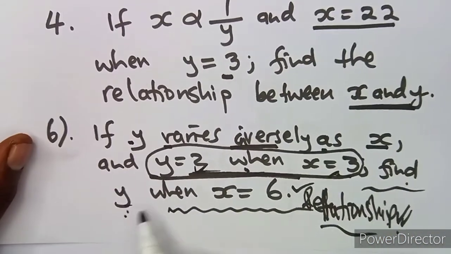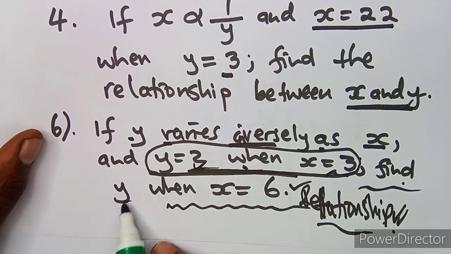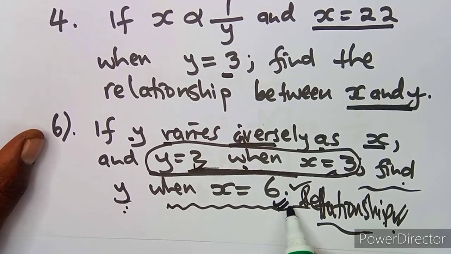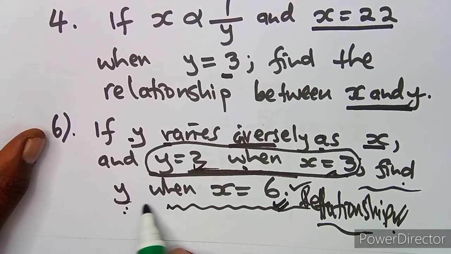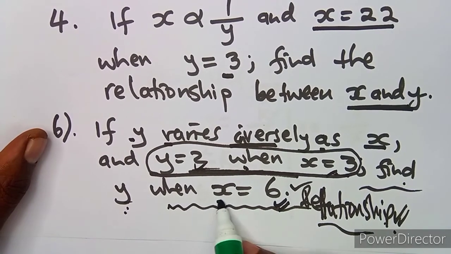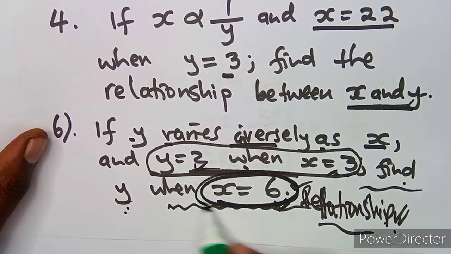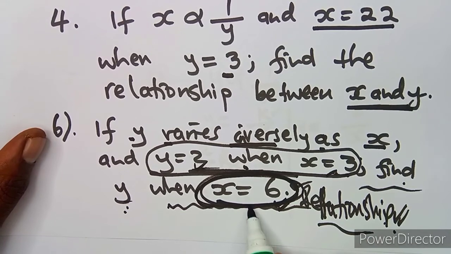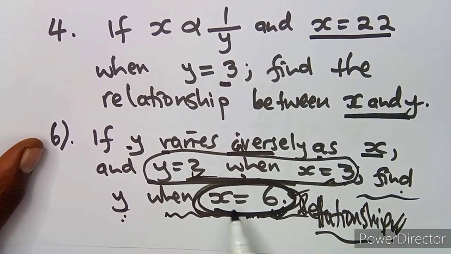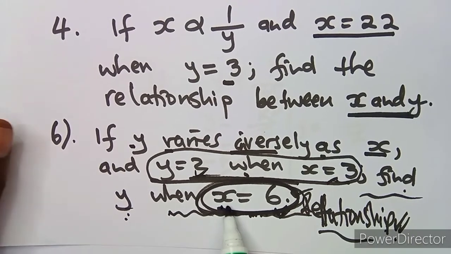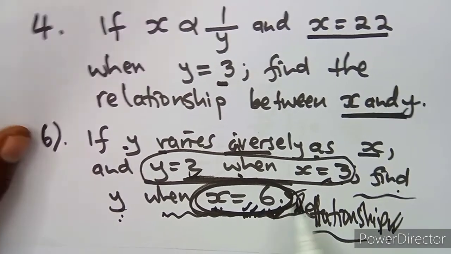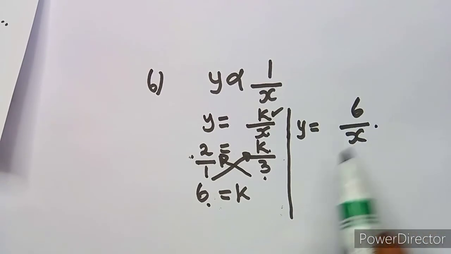Okay, but this is not the answer actually, because the question is find y when x is equal to 6. So what you're going to do, you continue from the relationship, you substitute now the value of x. So you see this importance of the substitution part that we talked about as a subtopic. So in place of x, you substitute 6 in this relationship.